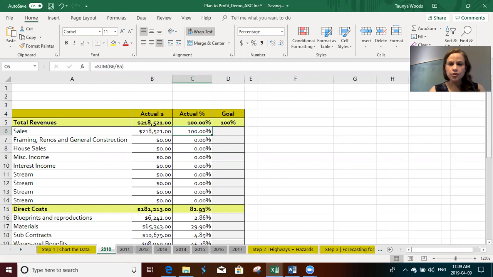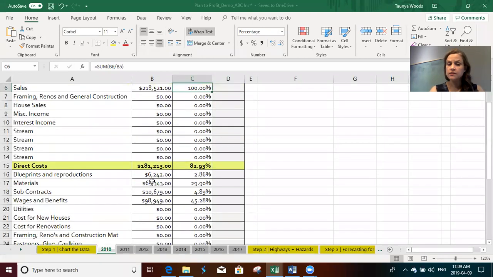Then we get into direct costs, and direct cost is doing the exact same thing. It's taking all of the dollar values that you entered yesterday, and it is converting them into percentages. So it's interesting because wages and benefits, we can see that that was 45% as a percentage of the total sales, right?